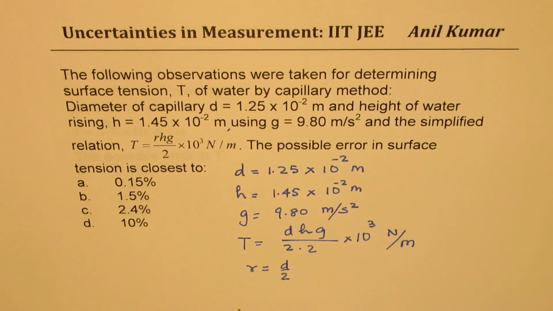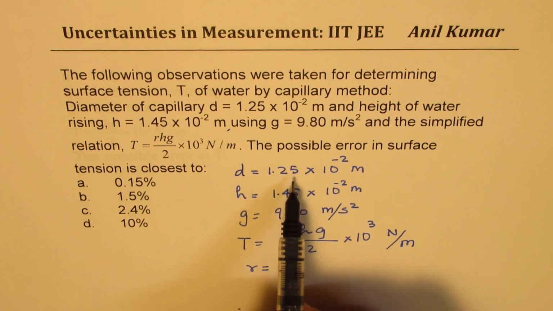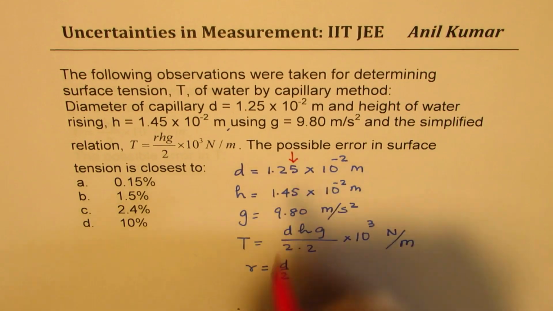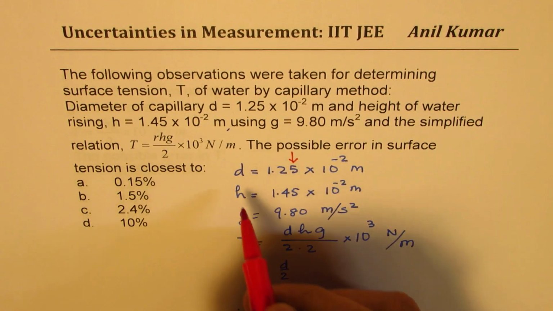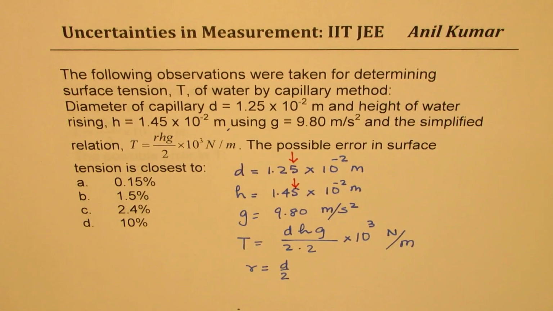When I say that the diameter is 1.25, the uncertainty revolves around this last digit. So this has been approximated. Similarly, for height, that is what is being approximated. So that results in errors.